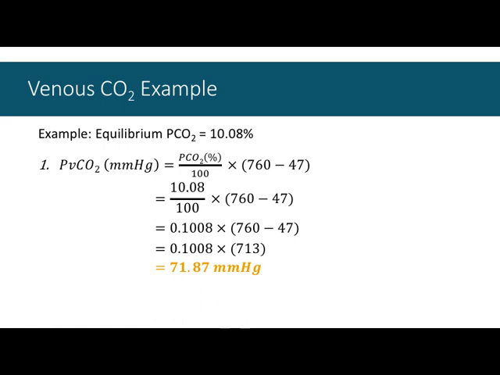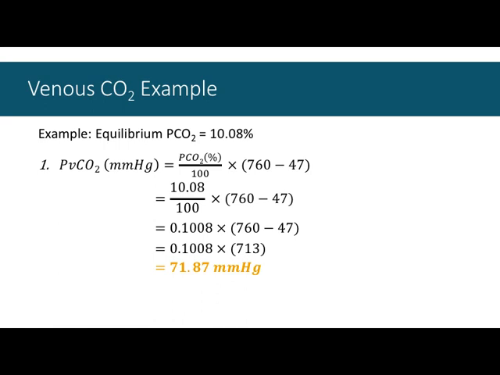This is the partial pressure of equilibrium between the venous and the end tidal CO2s. This is where equilibrium would occur if we could ever observe it.